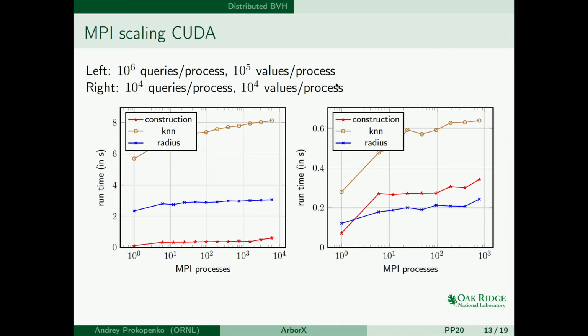But it's the on-node scaling with MPI that just doesn't scale well for some reason, and we are looking into that. And on the right, we have a lot fewer values and queries per GPU, which emphasizes the communication rather than GPU work. And you see that KNN actually increases, but the other two stay pretty stable.